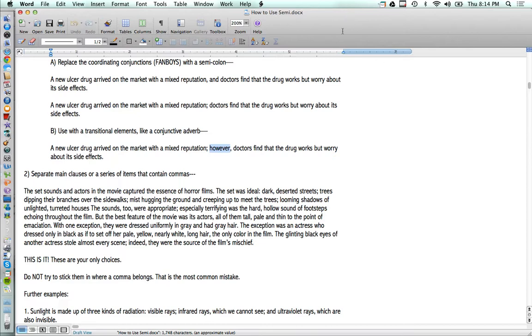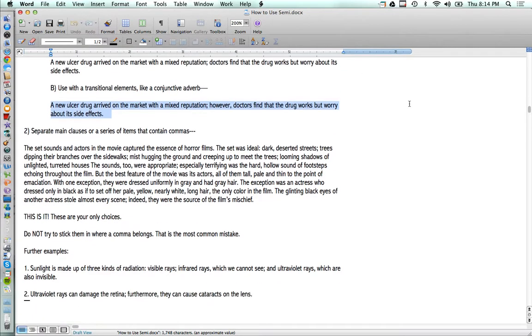There's coordinating conjunctions, conjunctive adverbs, and also subordinating conjunctions. And those are three separate kinds that you need to know the difference between. Anyway, in this case we have a new ulcer drug arrived on the market with a mixed reputation, semicolon, however, comma. So it's semicolon, however, comma after it. So this is the traditional construction of how to use a semicolon.